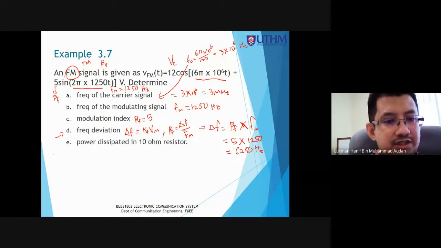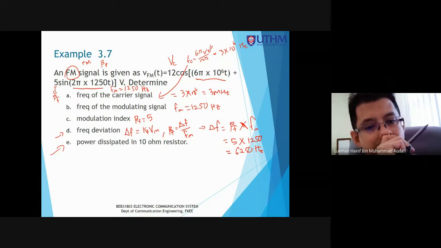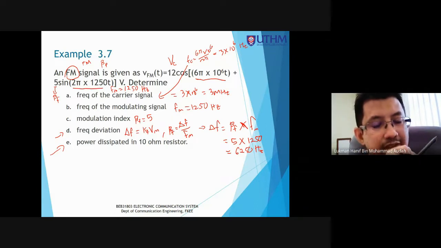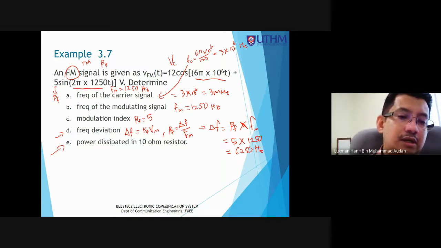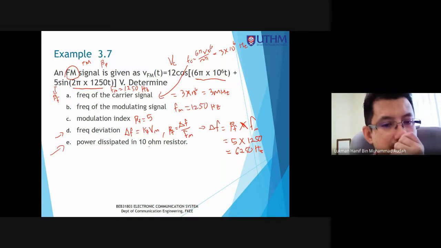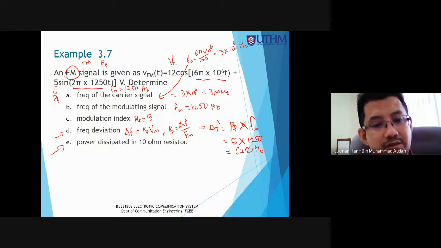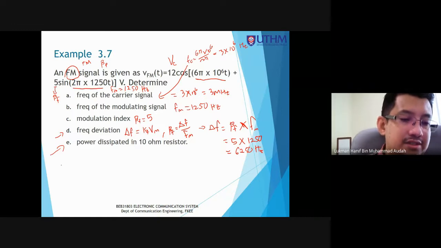Okay, the last one is power dissipated in 10 ohm resistor. So sebenarnya apa yang berlaku adalah dalam real scenario, the resistance is actually referring to the antenna resistance. Sebenarnya resistance yang dimaksudkan di sini adalah antenna resistance.